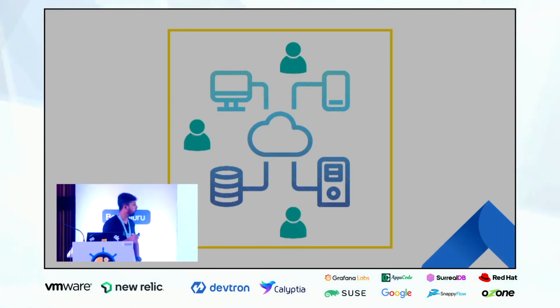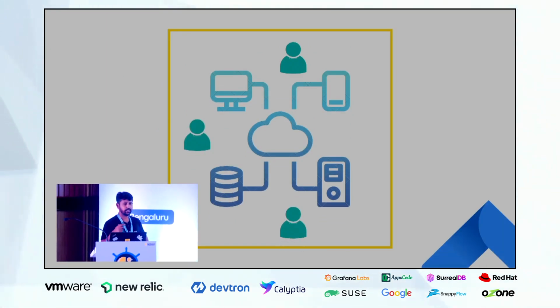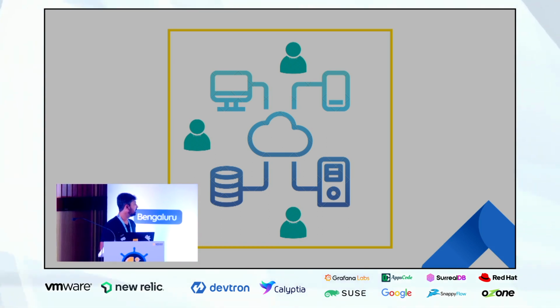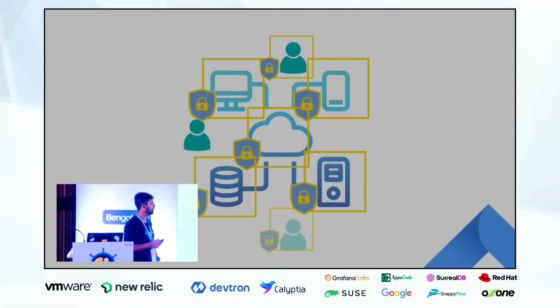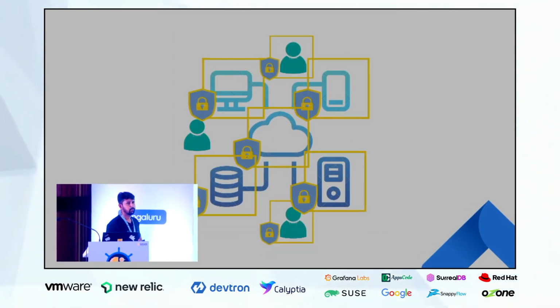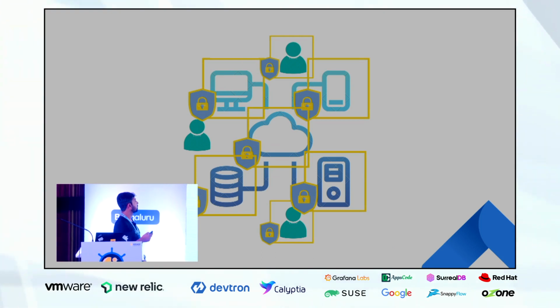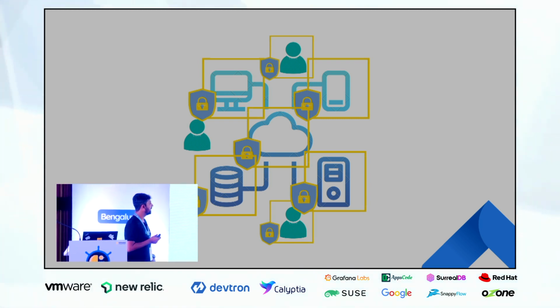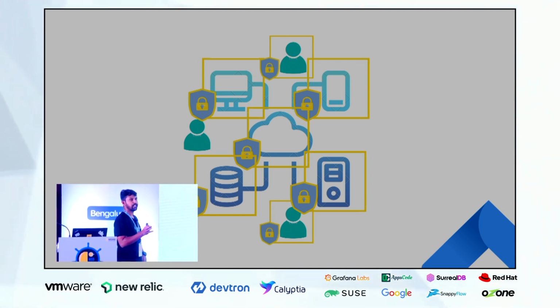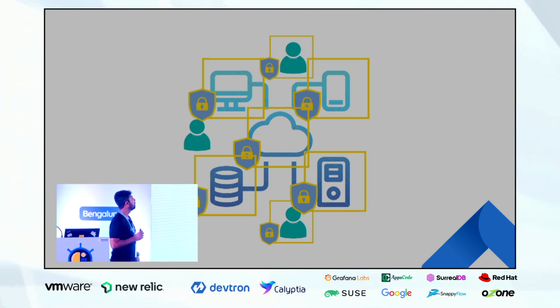So this is where we were, and after a lot of iterations, the recent thing that is happening in the market is basically zero trust. Since 2010, it was termed by John. So this is what we want to achieve, where we want to have little network meshes which are secure on their own.